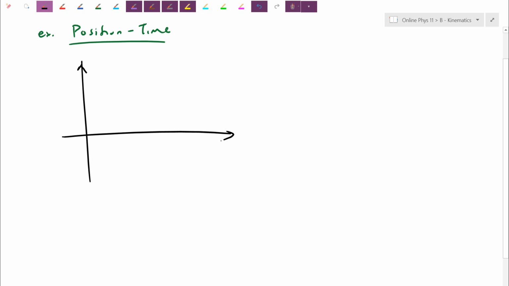So we have position time. Let's go up 4 and 8, -4, -8. So we have displacement and time. And let's say this is just 1 second of time. Remember, for a graph, you have to be evenly scaled. You can't just suddenly change your scale. But as long as it's constant throughout, we're okay.